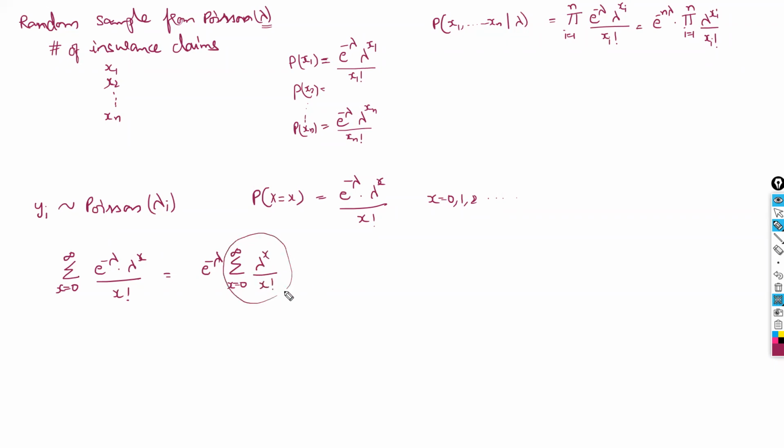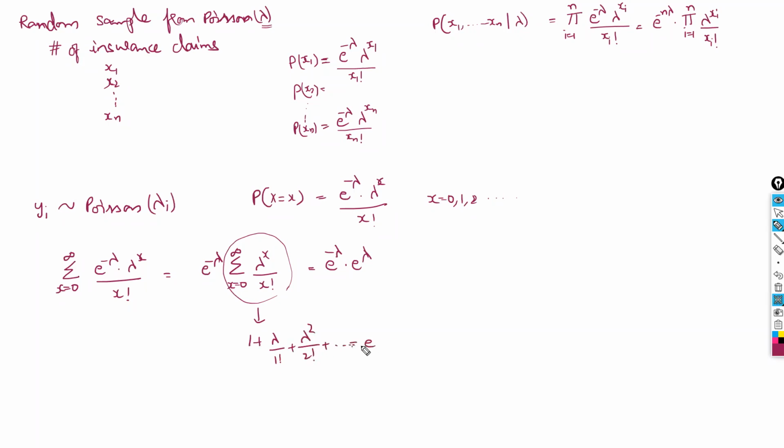And you know what? This is nothing but the expansion of e raised to the power lambda. If you remember your school days, if you substitute x equal to 0, lambda power 0 is 1, by 0 factorial is 1, 1 by 1 is 1, plus. If you substitute x equal to 1, lambda raised to the power 1 is lambda, by 1 factorial is 1, plus lambda squared by 2 factorial, so on and so forth.